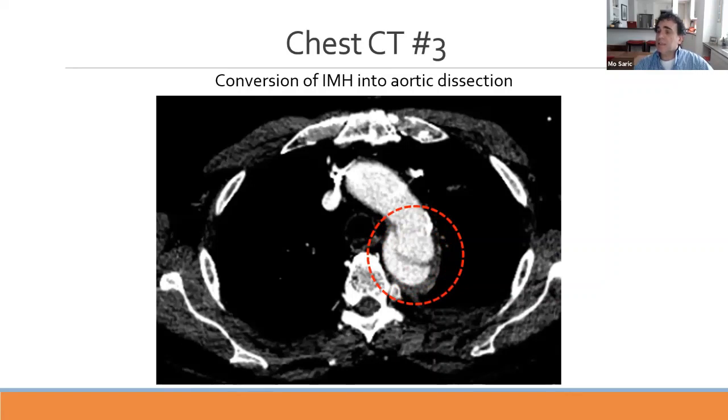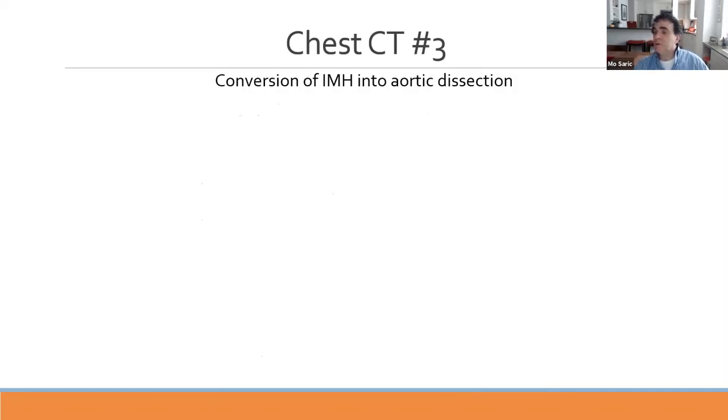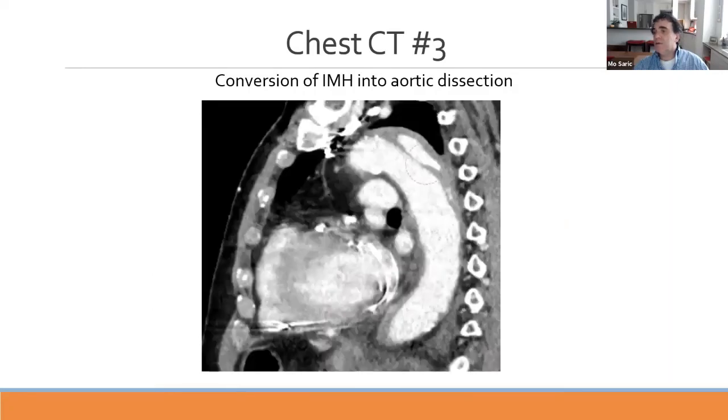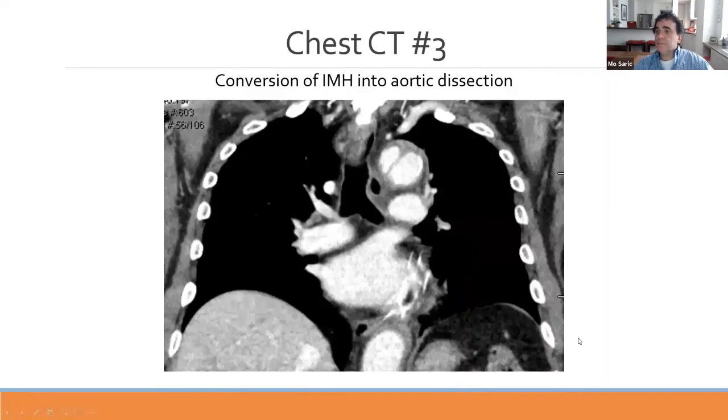Again, it's the same region of the distal aortic arch and the proximal descending thoracic aorta, and now we have development of the false lumen in that region. So now intramural hematoma has dissected internally and then eroded into the true lumen, resulting in a classic aortic dissection. Again, there is an intramural hematoma conversion into true classic aortic dissection.